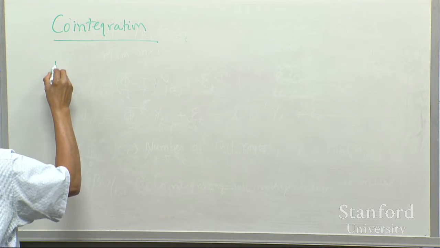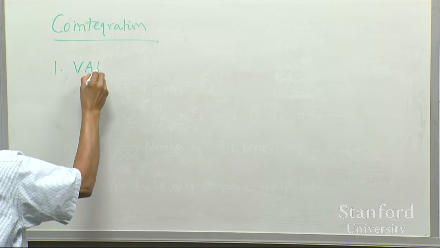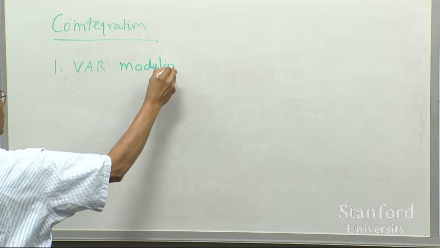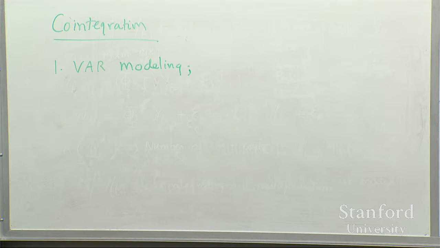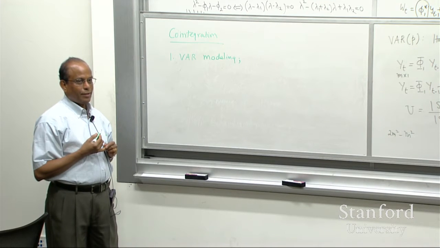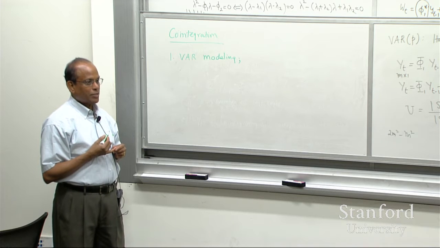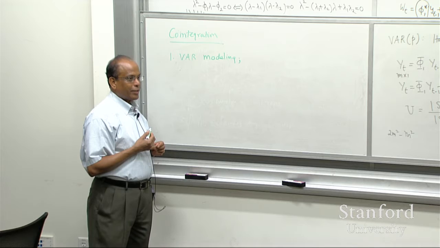The first thing you should do is, for the data, try VAR modeling, vector autoregressive modeling. Generally, if the order of the process is fairly large, that would indicate that the process is non-stationary, so you should be able to decide quickly based on that information. You have to check for the non-stationarity condition.